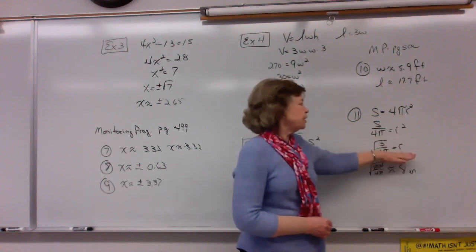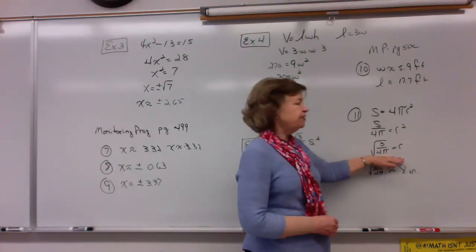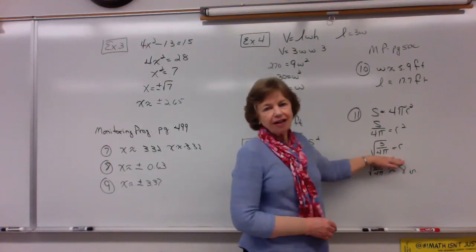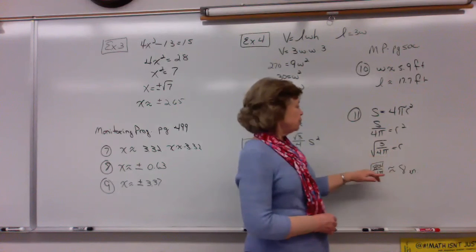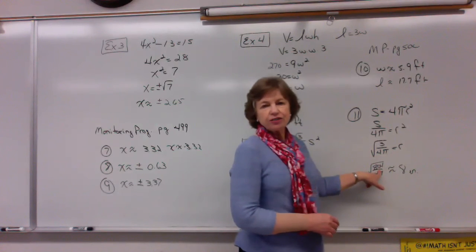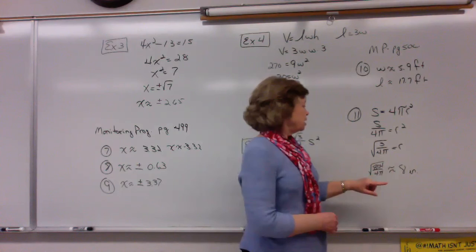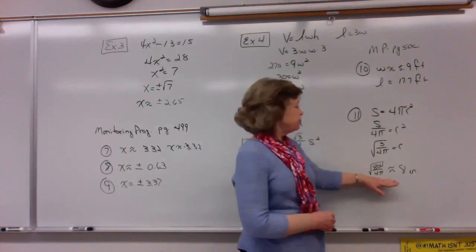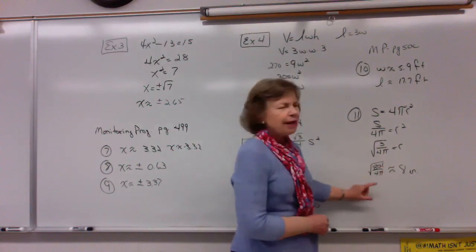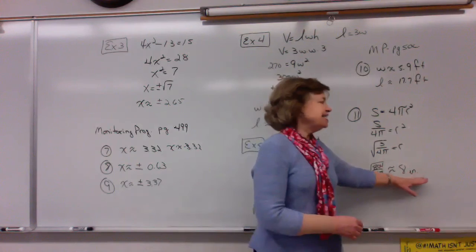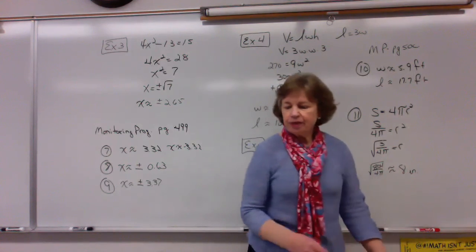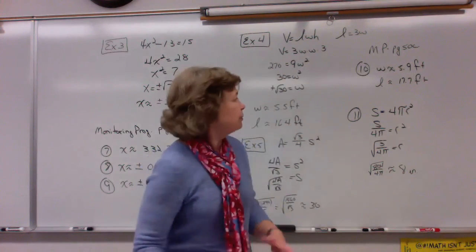You're taking the square root of both sides, so I have the square root of s divided by 4 pi. At that point, plug in what you know. As they told you, that surface area was 804 square inches divided by 4 pi. And when I let my calculator do that work for me, I end up with 8 inches. That was the monitoring progress.